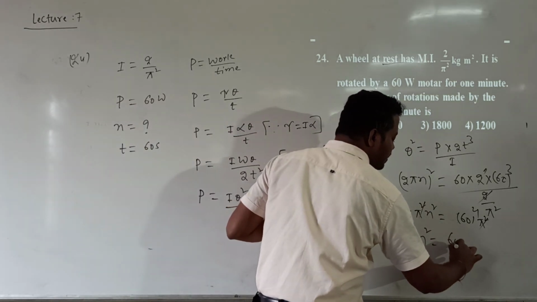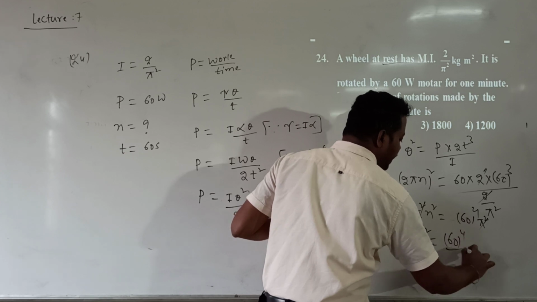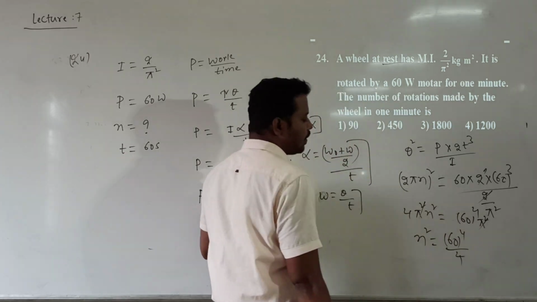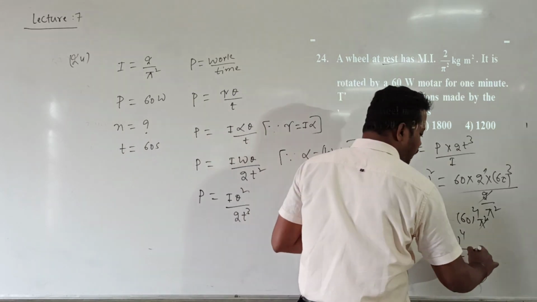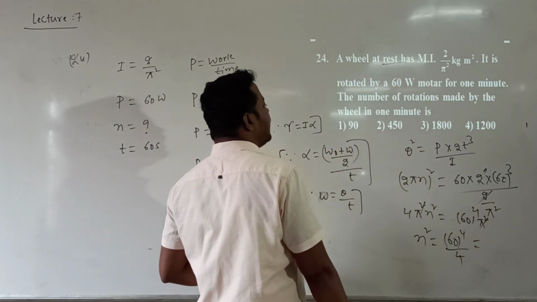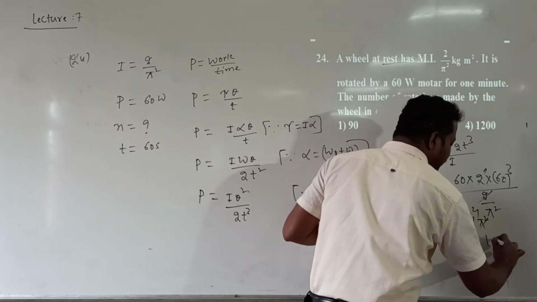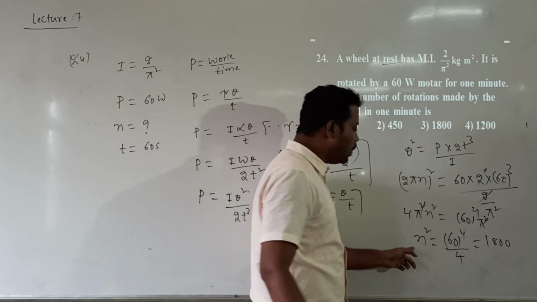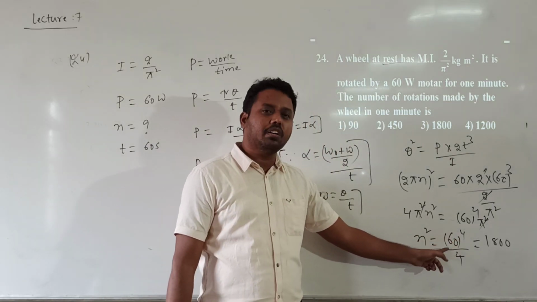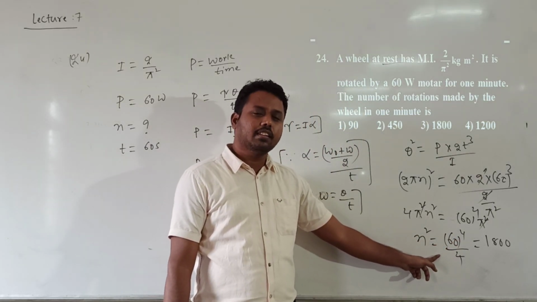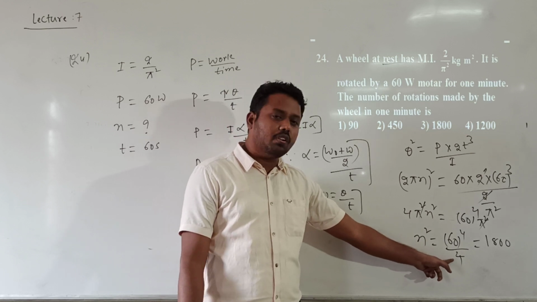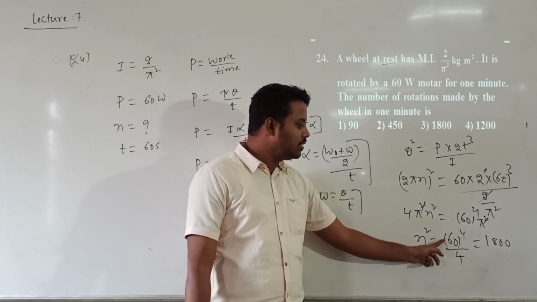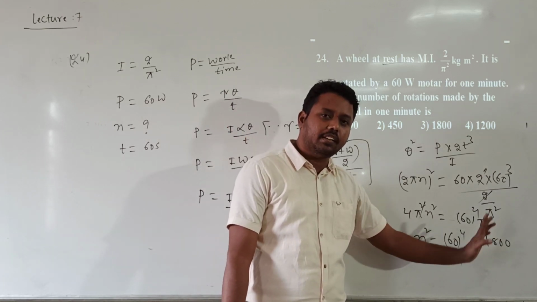N square is 60 power 4 divided by 4. If I calculate n, finally I will get 1800. Simplify this: square root of 60 power 4 is 60 into 60, that is 3600. By 4, square root is 2. So 3600 by 2 is 1800.